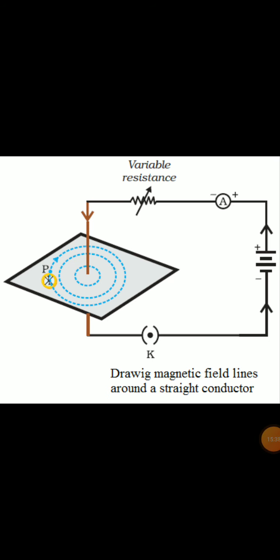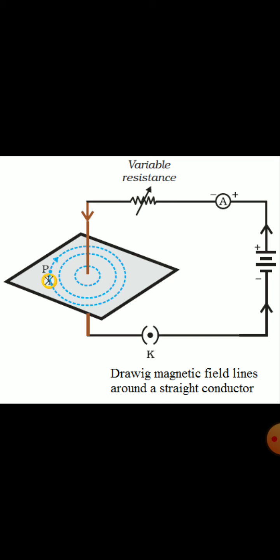Another question: what happens to the deflection of the needle if the compass is moved away from the copper wire and the current through the wire remains the same? If we keep the compass away from the copper wire, we know that when the compass is brought nearer to the copper wire, it shows the magnetic field. If we move the compass away and keep the same current through the circuit, what will happen?